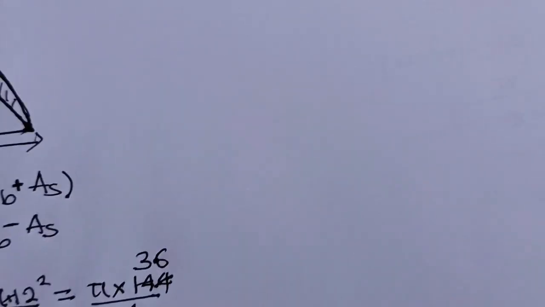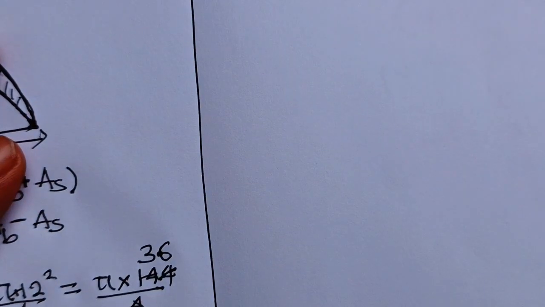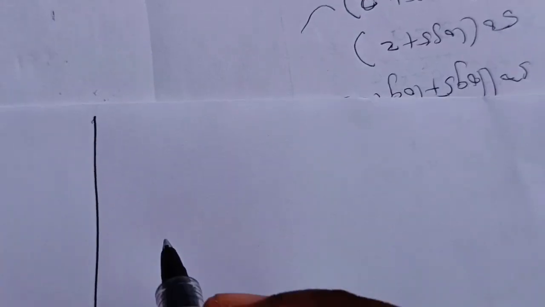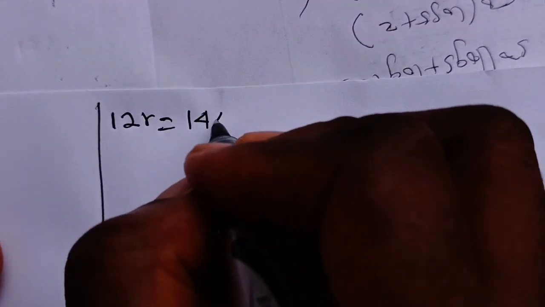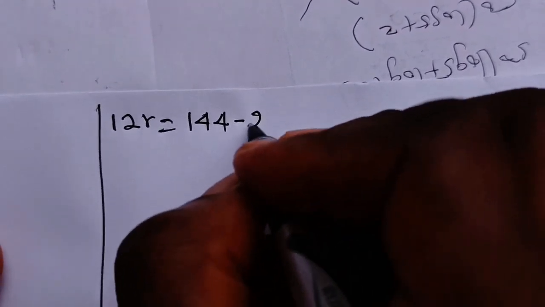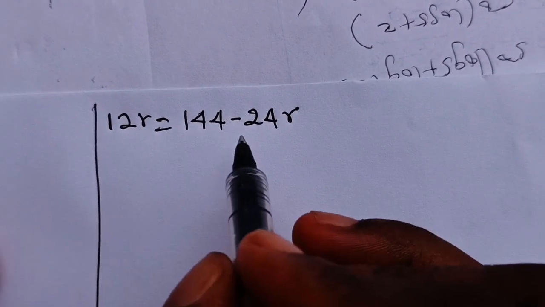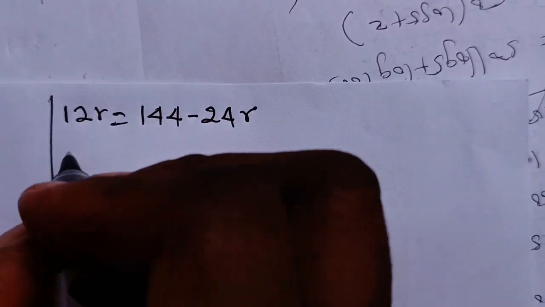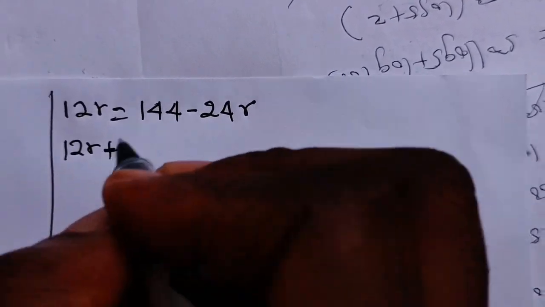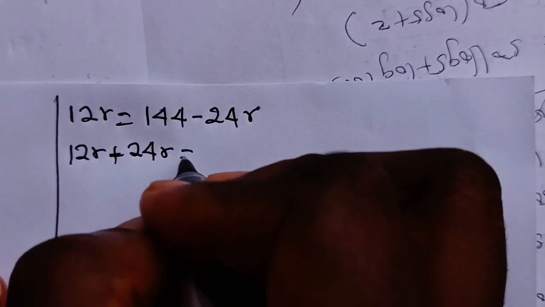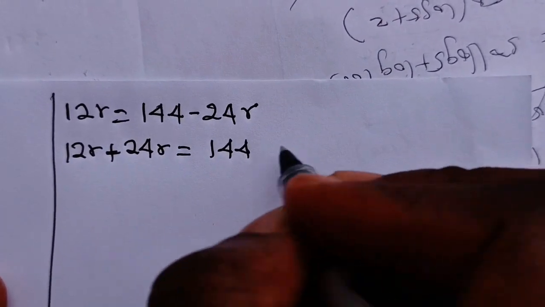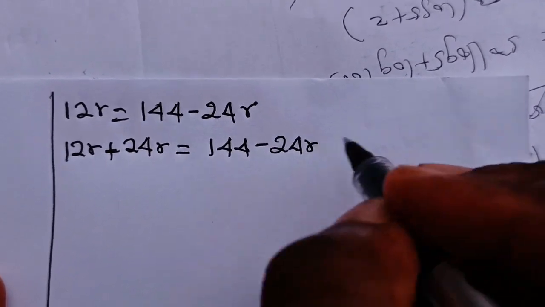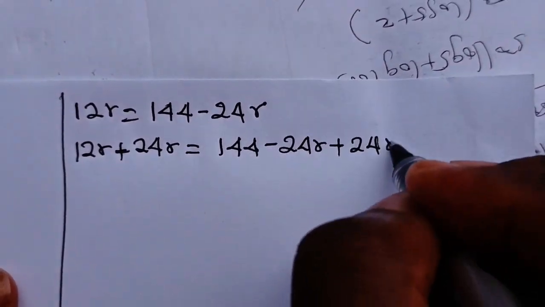Okay, let's continue from here. So we have 12r is equal to 144 minus 24r. Now let us add 24r to both sides. So we have 12r plus 24r is equal to 144 minus 24r plus 24r.